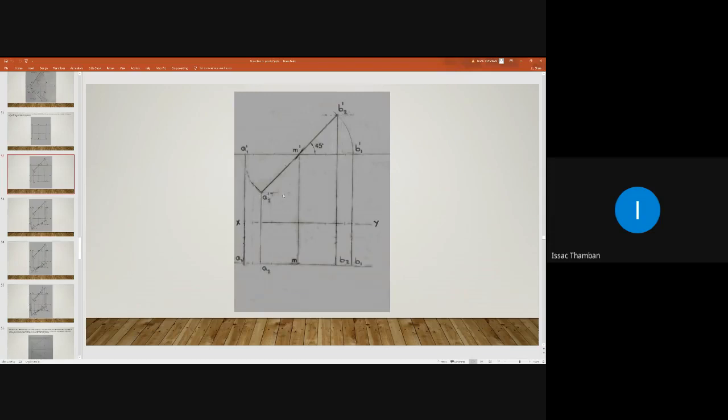Then here through point A2 dash you can draw a thin horizontal line and you can mark it as locus of A dash. And another thin horizontal line through point B2 dash, and you can name it as locus of B dash.